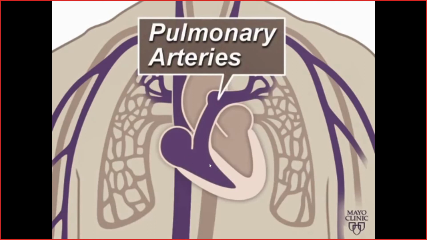So when the heart pumps, the only way the blood will find to move is this way, which is called the pulmonary artery. And as we said yesterday, pulmonary is related to the lungs. So now this blood is going to go to the lungs.